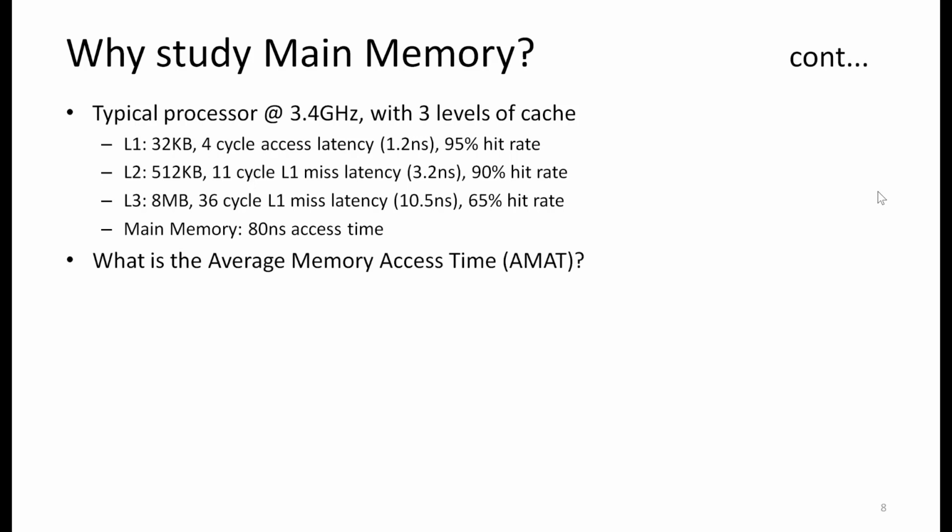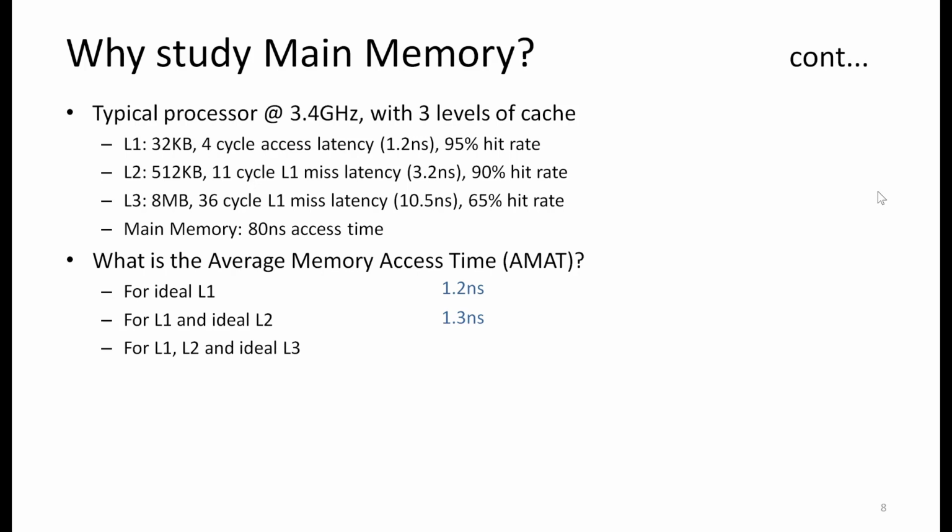With these values, if we quickly look at the AMAT for different configurations, let's consider an ideal L1 where all the accesses in the L1 are hits. The AMAT would be 1.2 nanoseconds. If you consider L1 and ideal L2, AMAT increases to 1.3.